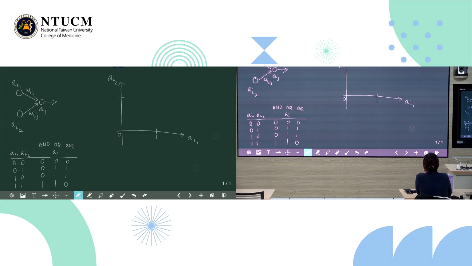You wouldn't be able to separate the two binary outcomes of the third axis.